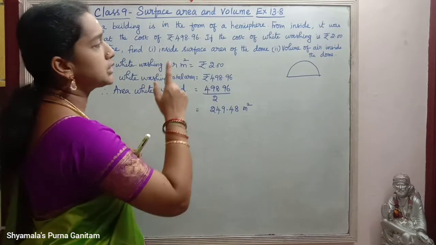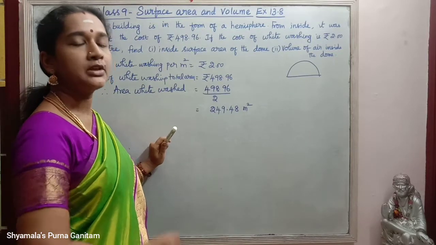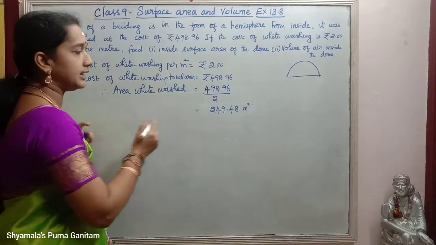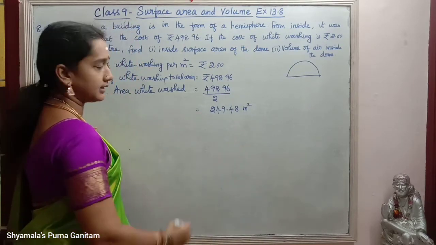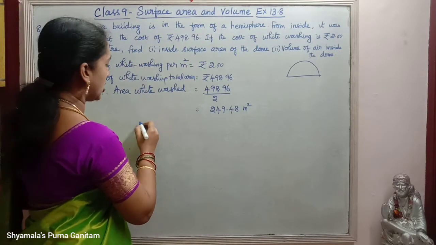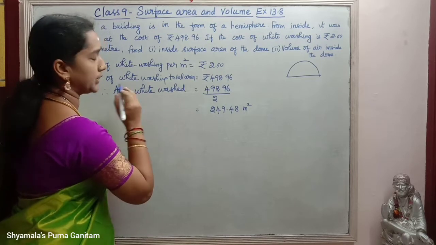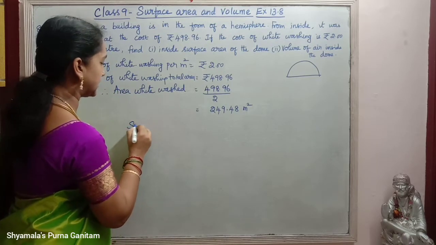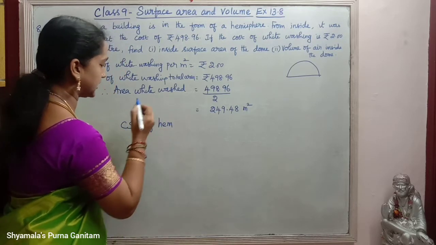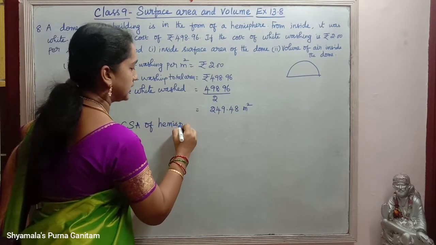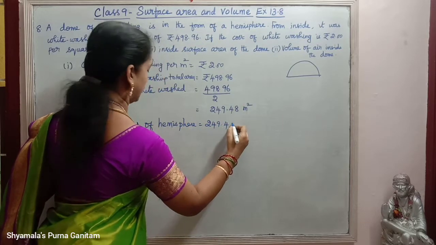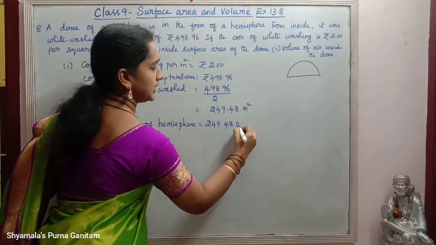Then the next one is the volume of the air inside the dome. For finding the volume we need the radius. For finding the radius we will take this area, the curved surface area of the hemisphere, which is equal to 249.48 meter square.